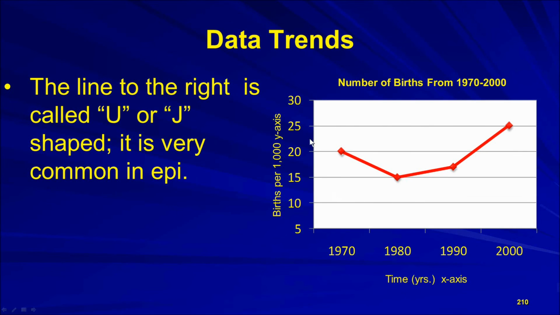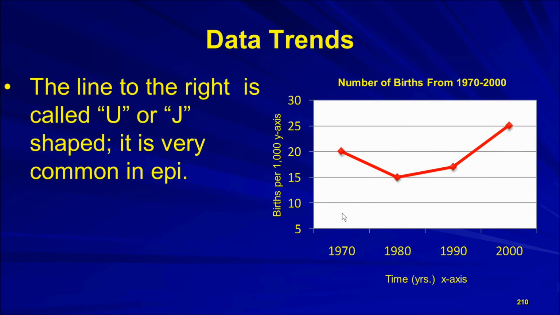And so this would be your y-axis, and time would be your x-axis. Now you can see that this is really a J-shaped curve. Now to make it a U-shaped curve, we would have to have 25 per thousand in 1970.